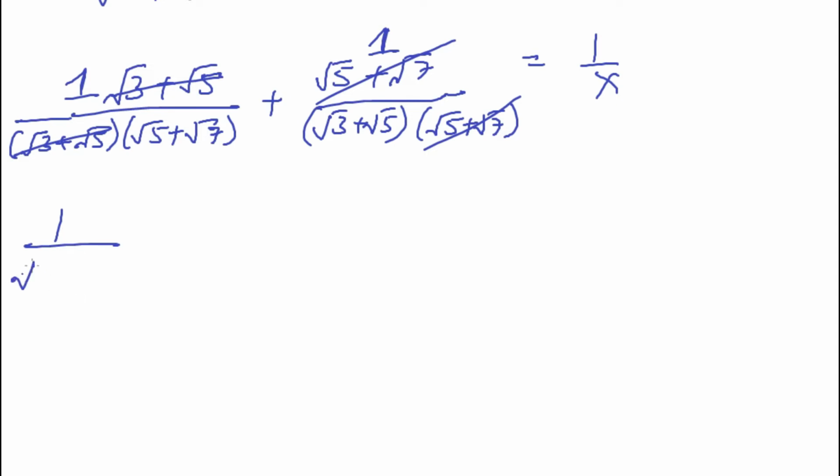So let me write it as root 7 plus root 5 and this part with a little bit of gap so that we can rationalize 1 over root 3 plus root 5 plus 1 over root 5 plus root 3.